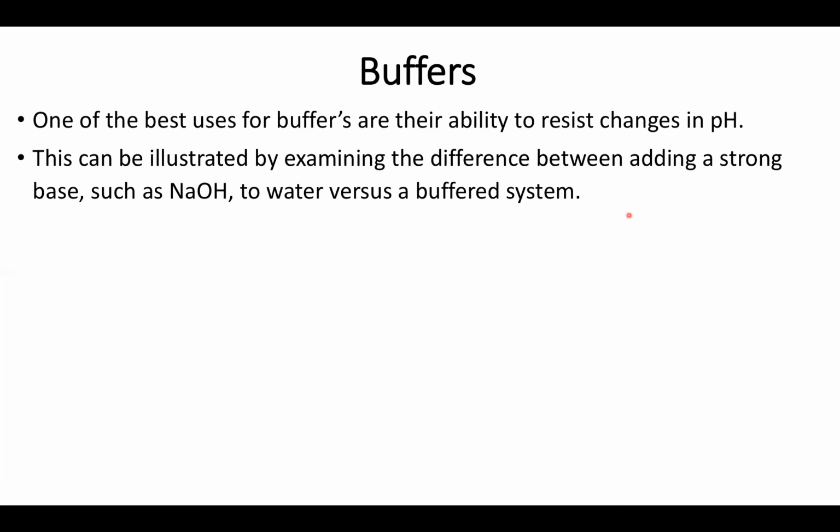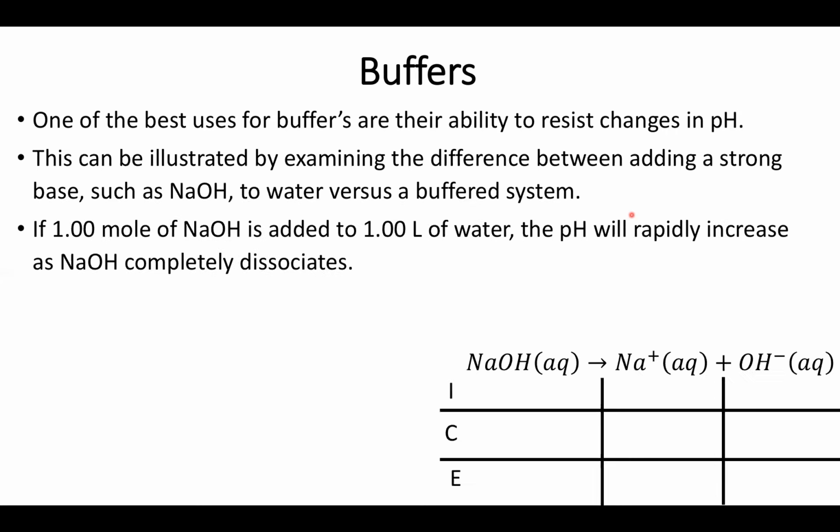One of the big ways we can see this is to look at what happens if I add a strong base, such as sodium hydroxide, to a buffered system or a system that just has water. So if I add 1 mole of sodium hydroxide to 1 liter of water, we're going to see a huge increase of the pH because we're going to go very basic very quickly, because sodium hydroxide completely dissociates in water.